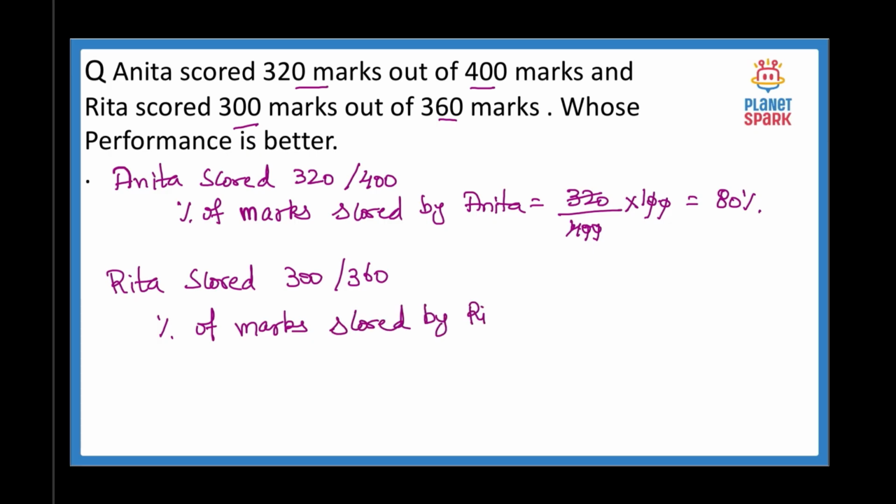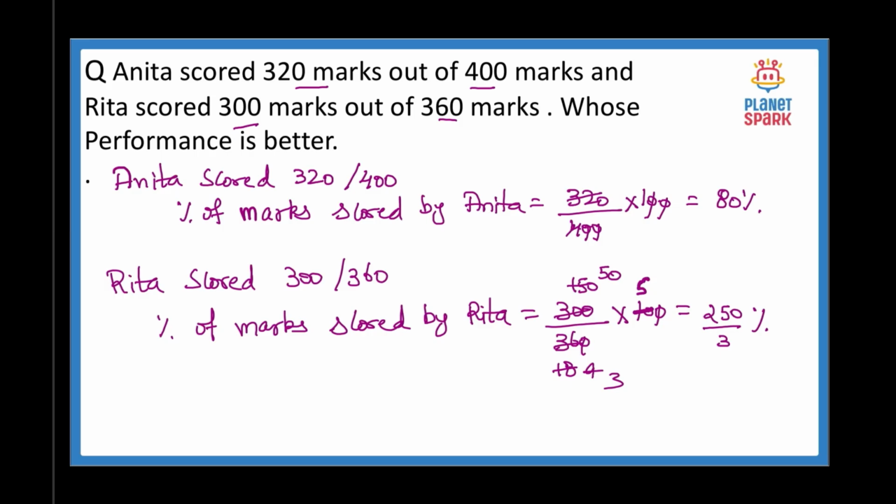By simplifying it, we can cancel 0 and 0, and on further simplification, we get 250 upon 3%, which can be converted to a mixed fraction as 83 and 1 by 3%.